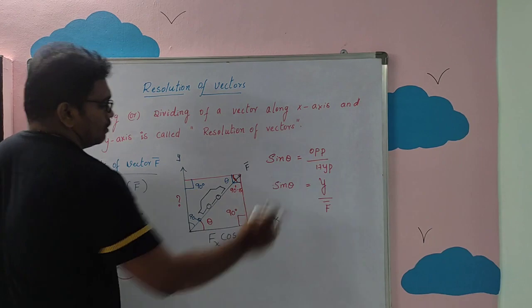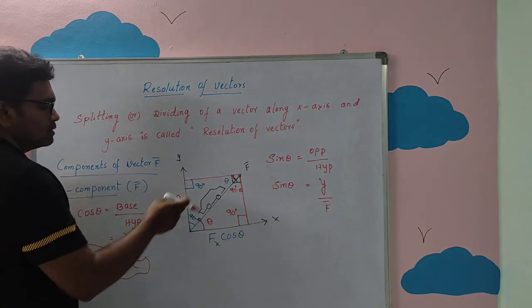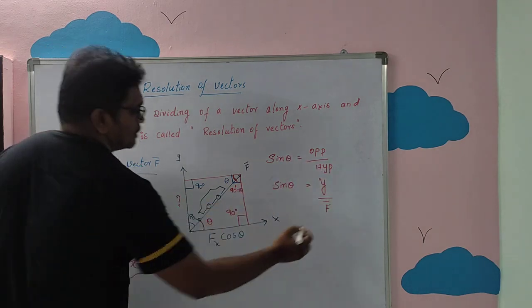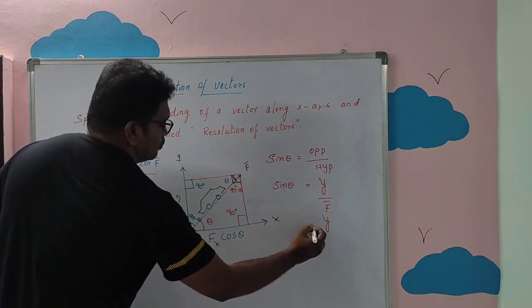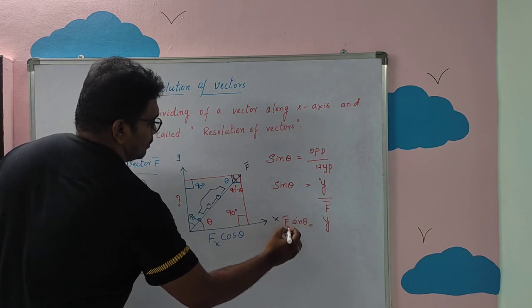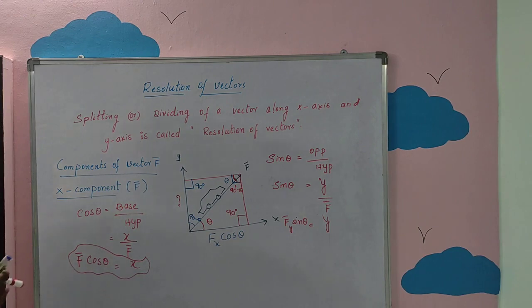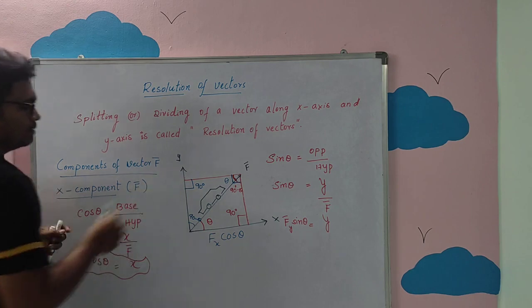Then what do we have to find out? Y. What is the component of the force vector along the y axis or y direction? So, y is equal to force vector into sin theta, or you can take it as Fy equals F sin theta. So, what is the force vector we got along the y axis here?